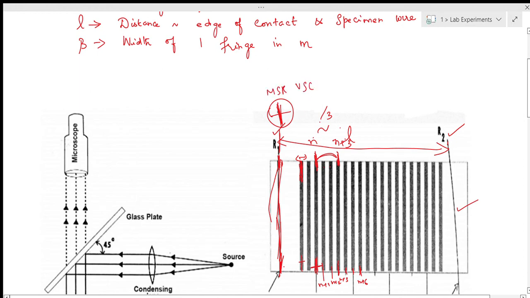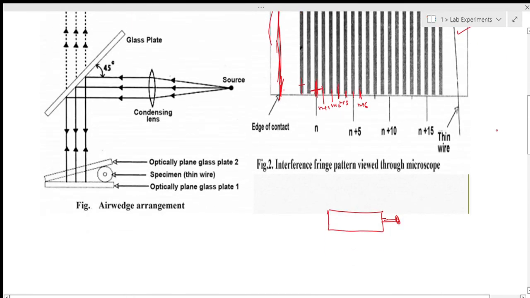Without disturbing the setup, the traveling microscope, especially the cross wire, is moved towards the specimen wire, and the vertical cross wire of the traveling microscope is kept over this specimen wire, and again the MSR and VSE values are taken without disturbing the position of the apparatus.